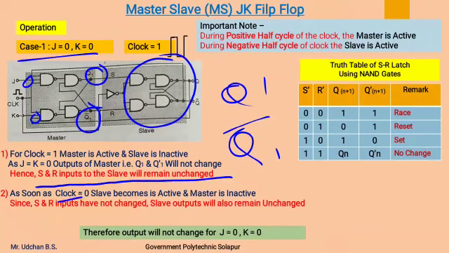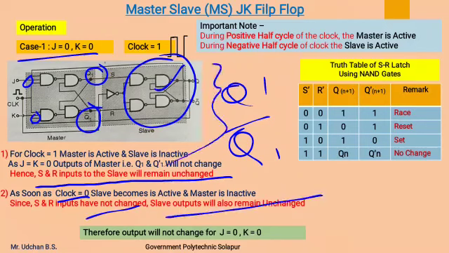As soon as clock becomes 0, the slave becomes active and master becomes inactive. Since S and R inputs have not changed, the slave output will also remain unchanged, which are Q and Q complement. Therefore, output will not get changed for J equal to 0, K equal to 0.